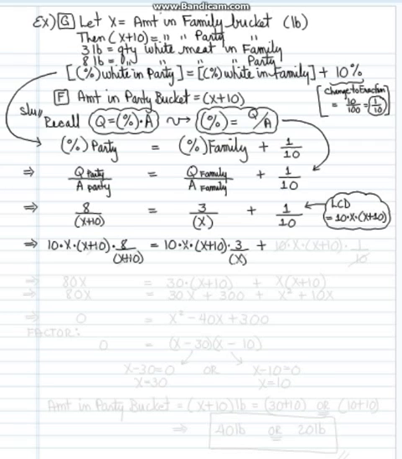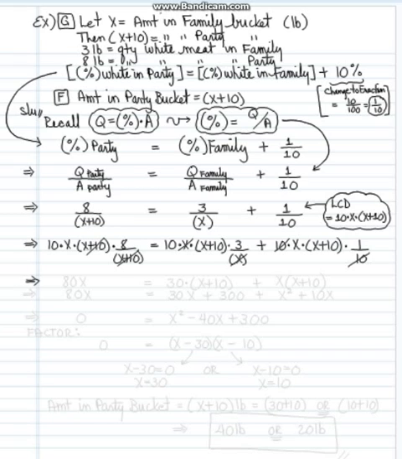Bring down the plus sign, then the LCD, 10 times x times x plus 10, times the last term, 1 over 10. And we can simplify by canceling common factors on the top and bottom. And let's see what we have left.